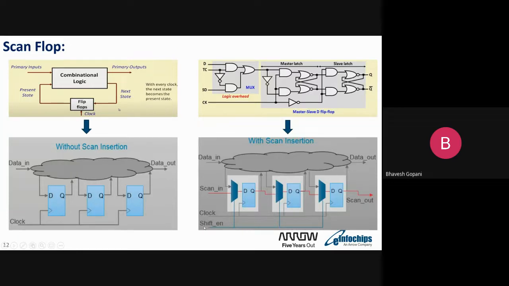Scan in and scan out are the DFT pins. As I discussed in the previous slide, I need to identify how many scan in and scan out pins I have for the DFT. Accordingly, in a design I can do the scan insertion.